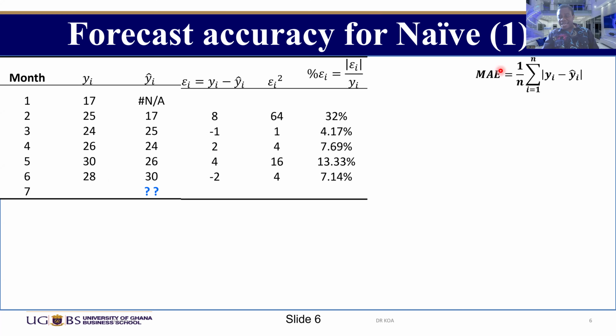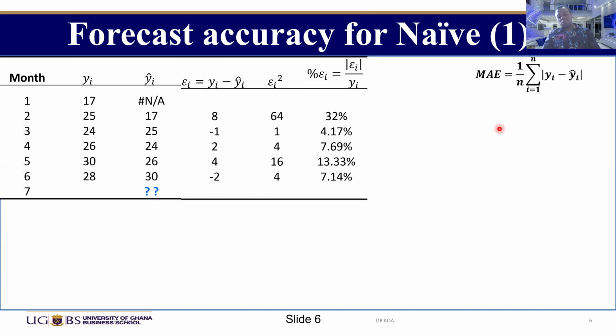It says take the error and divide by n. Take the error, sum the errors. Okay, that's the summation sum. So all these errors I'm having here, I'm going to sum them. 8 minus 1 is 7, plus 2, plus this is 13, minus 2.